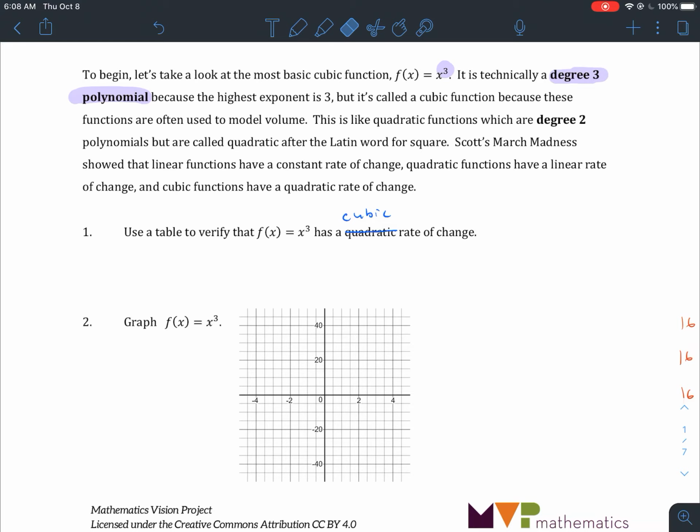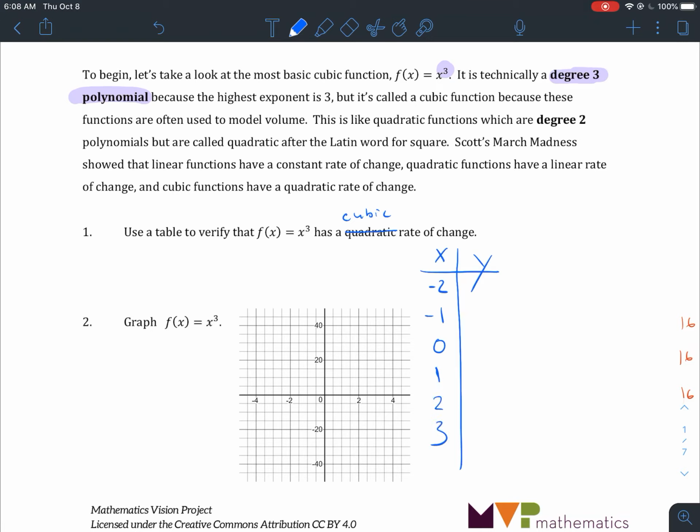All right, so remember yesterday we calculated if it was a second difference, third difference, first common difference, or ratio. Let's go ahead and see what kind of a rate of change the cubic function has. So we've got -2, -1, 0, 1, 2, 3.